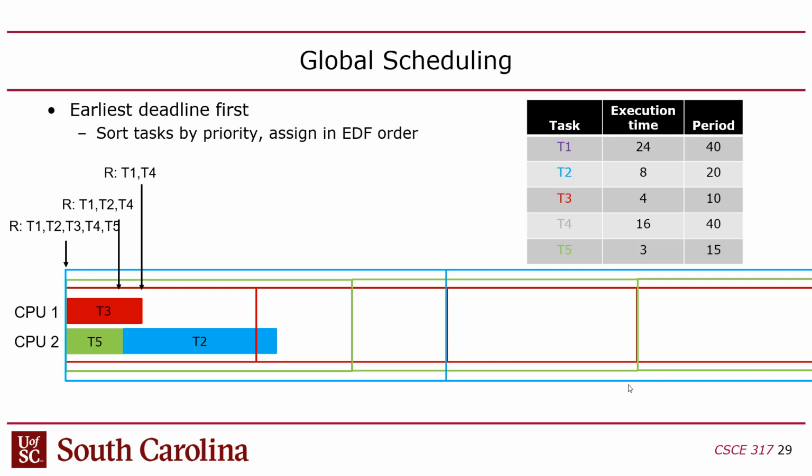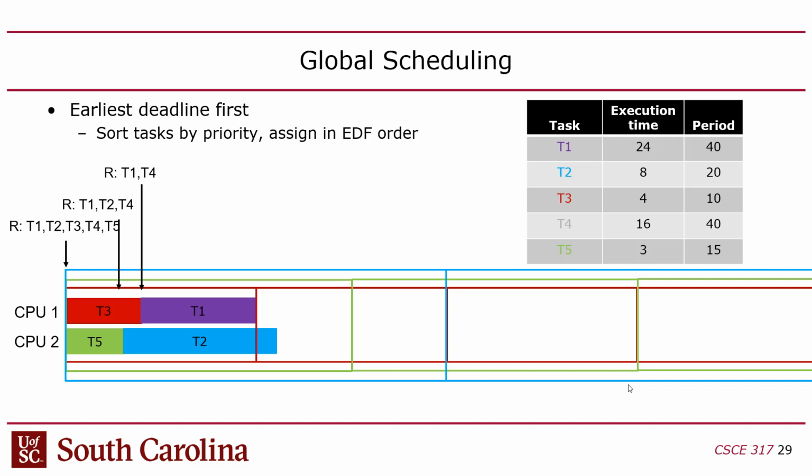At that point, after T3 finishes, we have T1 and T4. It looks like they're both 40, so we'll just pick one. We'll go with T1. T1 runs, but it doesn't run to completion. It's going to get preempted whenever T3 is ready to go again.